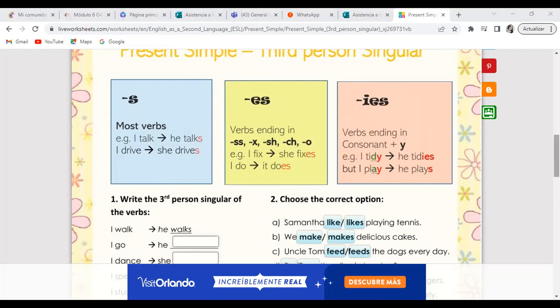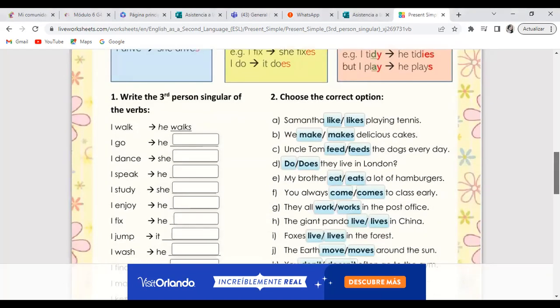And that's it. So let's see. For example, I walk, he walks. I go, for example, he goes to the cinema every weekend. So we say he goes. What about dance? Anybody wants to tell me how do you conjugate dance with she?